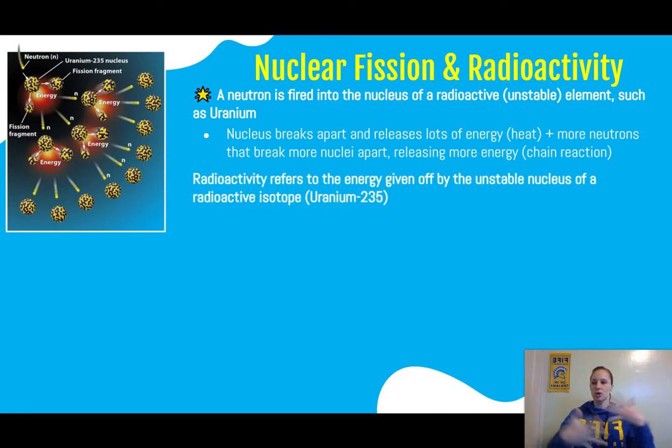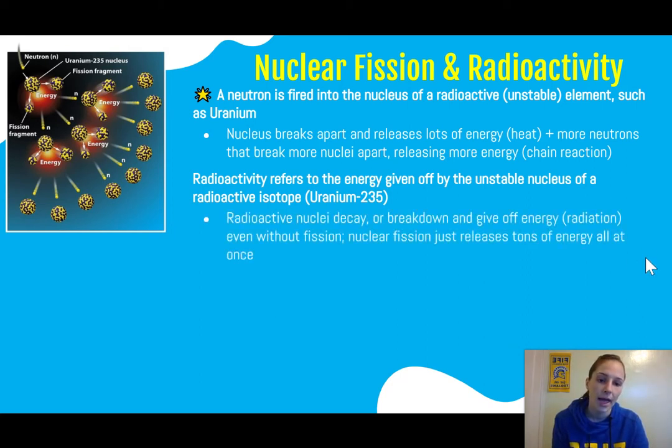Now, some terminology that you should be aware of. First of all, what is radioactivity? This refers to the energy that's given off by the unstable nucleus of a radioactive isotope. Specifically, the radioactive isotope that we're looking at is uranium-235. You have this radioactive decaying, or breakdown, of the nuclei, and this gives off energy.